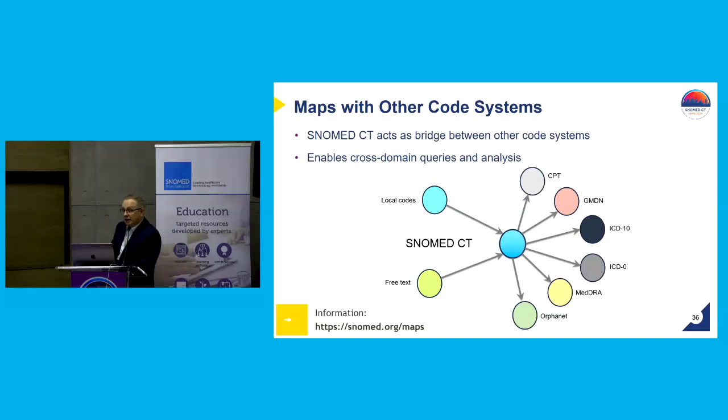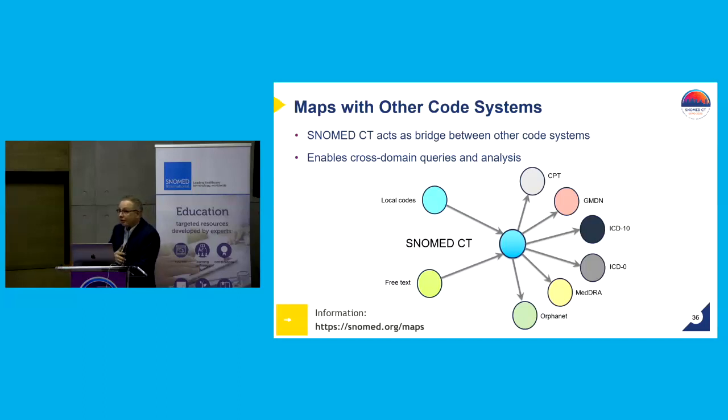So we have many products. We've got one called Snap to SNOMED, which you can put your list in and you can use it to map to SNOMED. So it'll search for a similar thing within SNOMED, and you can map your local code to a SNOMED code. And obviously as well, there's lots of standards: ICD-10, GMDN in terms of devices, CPT, ICD-O, MedDRA, Orphanet.